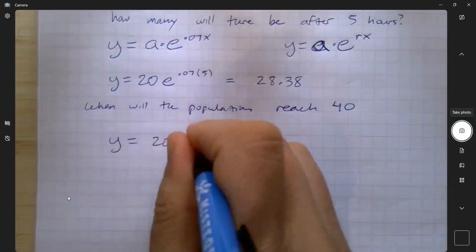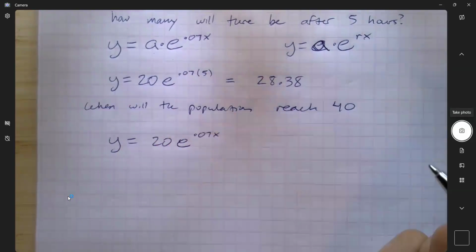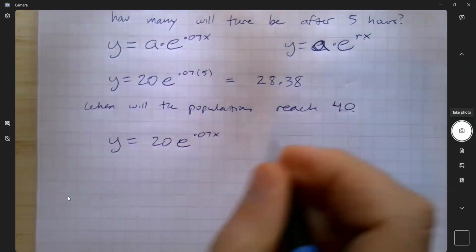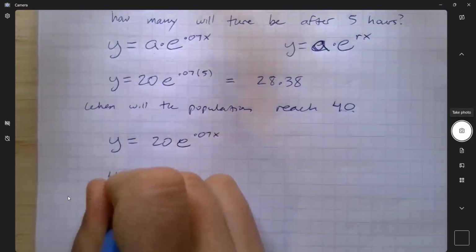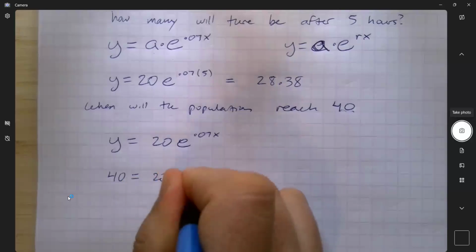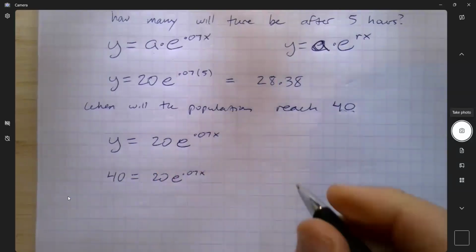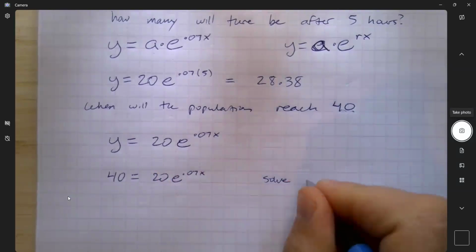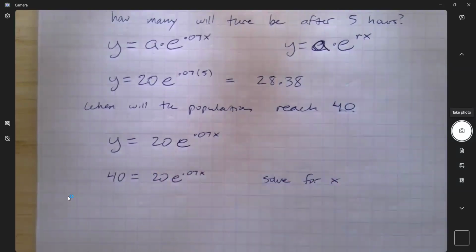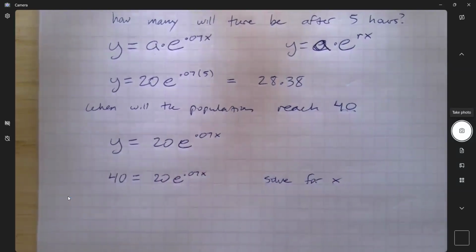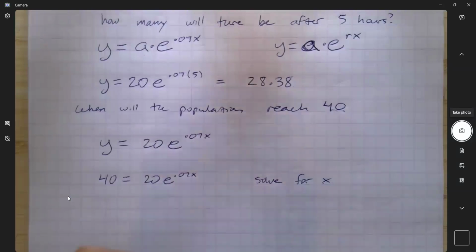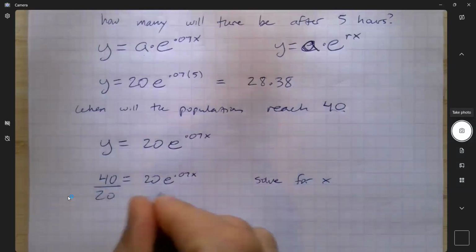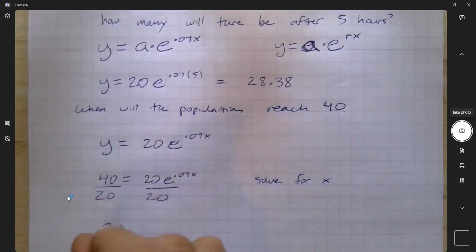A was 20, R was 0.07, and now I want to reach 40 individuals, so I say 40 equals 20 times e to the 0.07x, and now I have an exponential equation where I'm going to solve for x. Again, this is kind of similar to the continuously compounded interest. Divide both sides by 20. 2 equals e to the 0.07x.